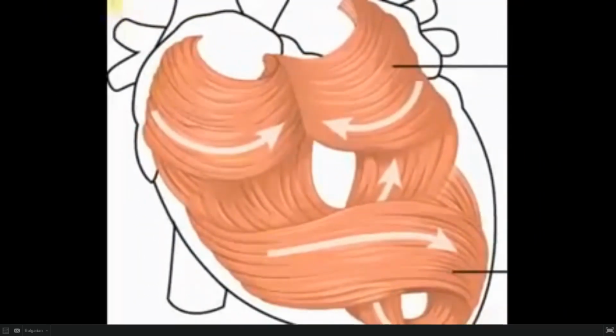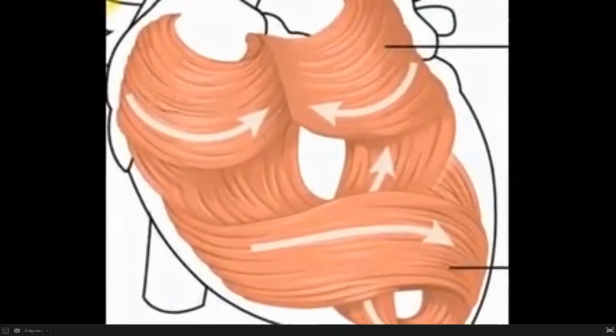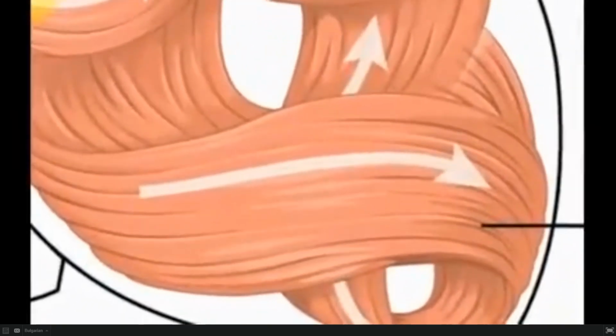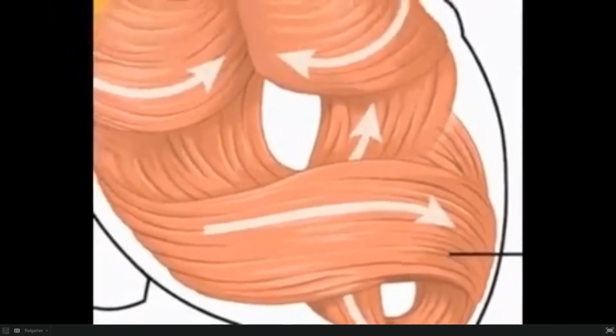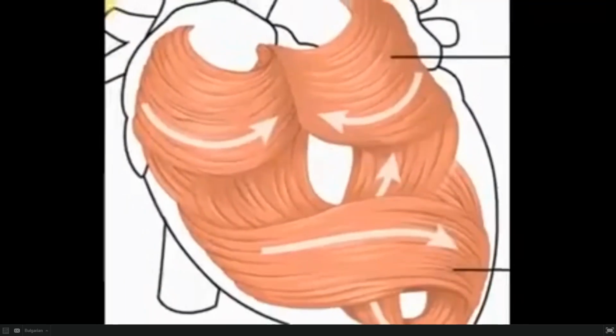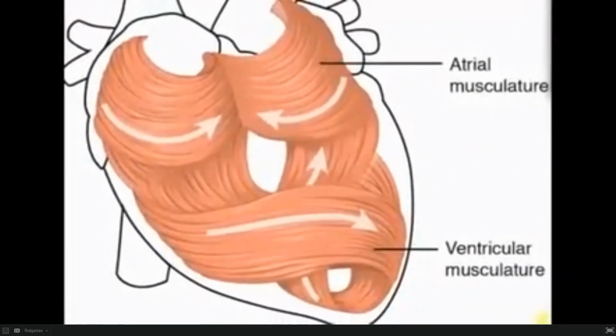The direction of the myofibers is related to how they make contraction and relaxation of each chamber, like atriums and ventricles. And when they relax, another part contracts. This is a synchronic movement.